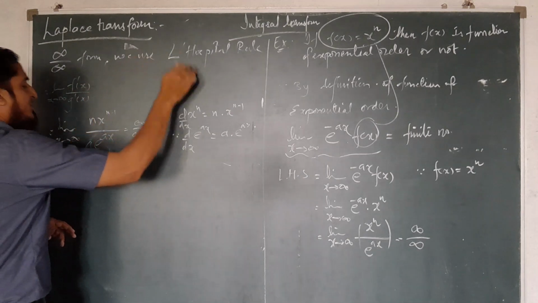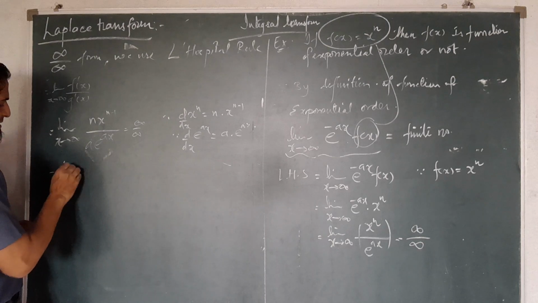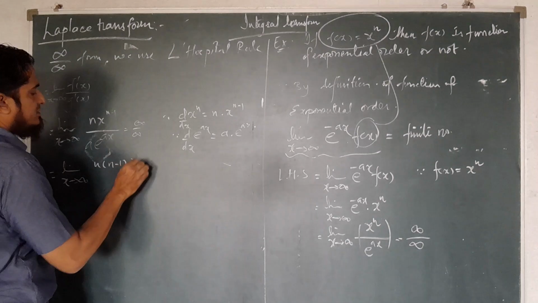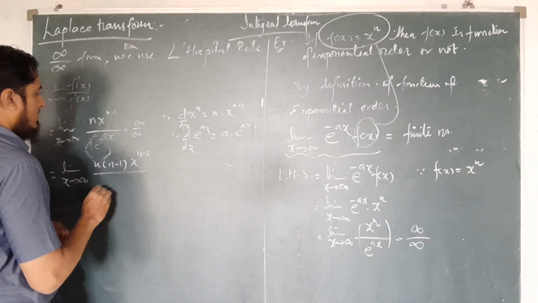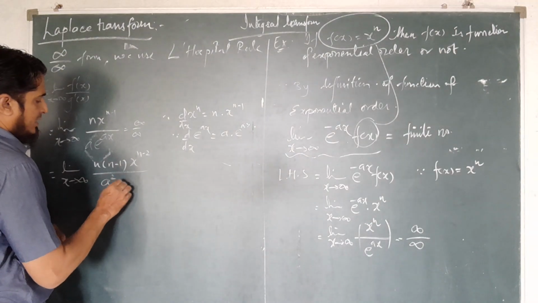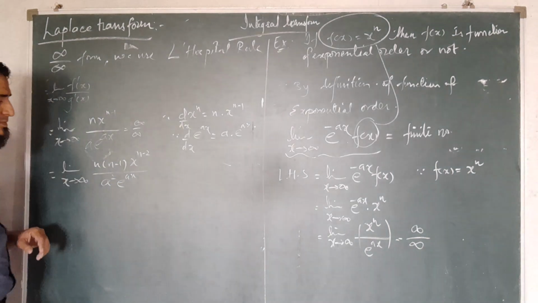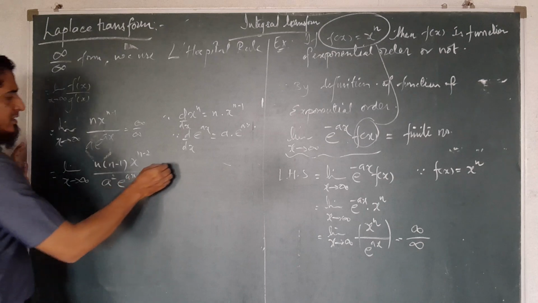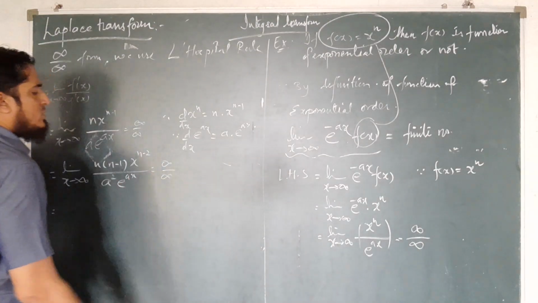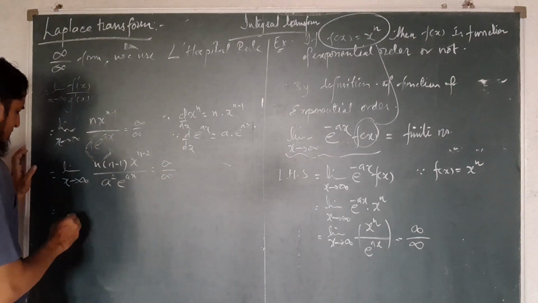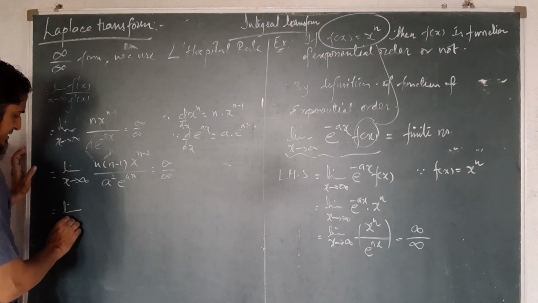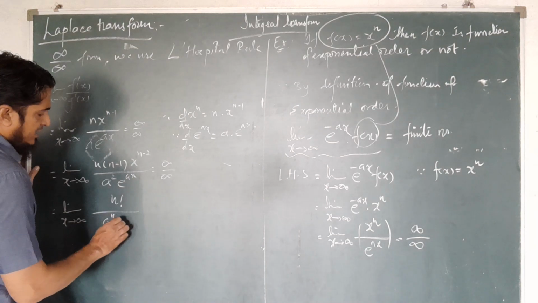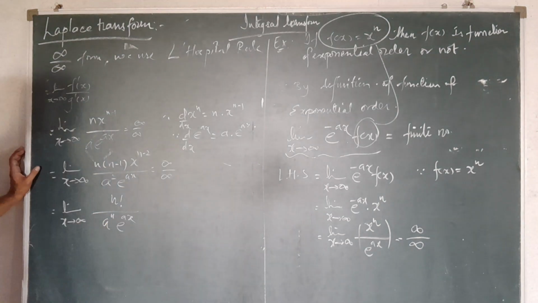Again, using L'Hopital rule, we will get the limit as x tends to infinity of n minus 1 into n x raised to n minus 2 upon a square e raised to ax. Similarly, in this manner, if we get infinity upon infinity again, then differentiating n times we will get the limit as x tends to infinity of n factorial upon a raised to n e raised to ax.